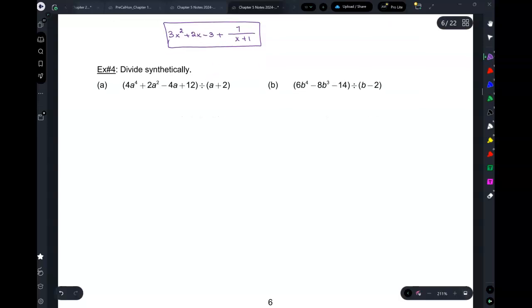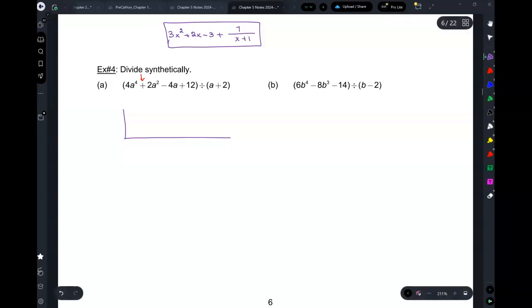Okay, so now let's do this one. Look at this. So here, look, I have 4a to the power of 4. I'm missing a 3. Is that right? So look, first I put an arrow. So I have a to the power of 4, 3, 2, 1, 0.